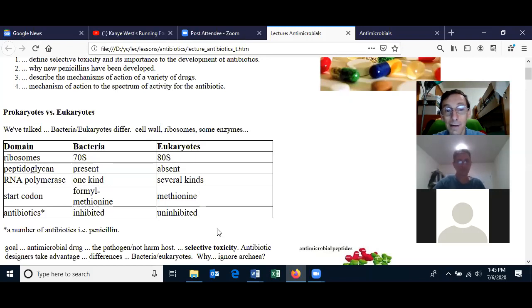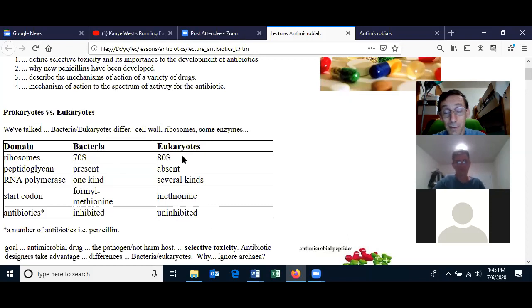All of the other cells that are human pathogens are eukaryotes. And so they're not going to have great differences between our cells and the human pathogen. And so it's been harder to find a drug that is selectively toxic because there's less differences between those cells and our cells.